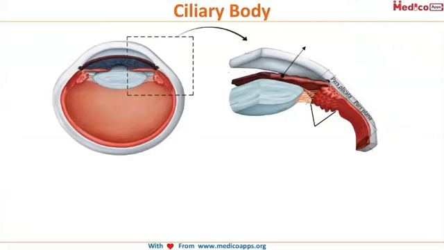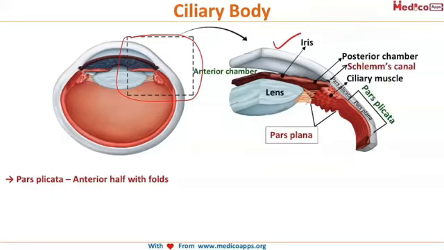Now let's come to the structure behind our iris, that is the ciliary body. I am going to magnify this image over here and it is going to look something like this. So let's see what the ciliary body consists of. The anterior most part that you are seeing over here, this region, there are certain folds to it. So plications means folds.